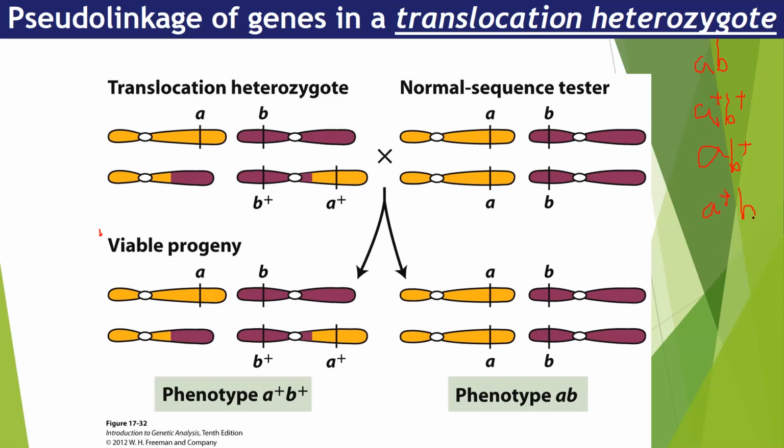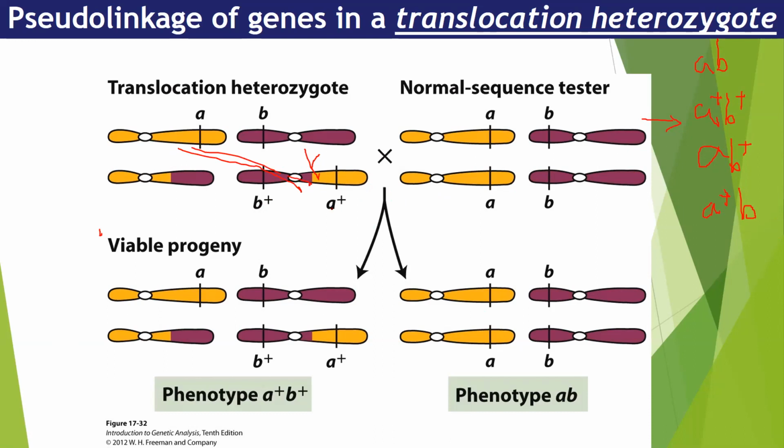Now, after the translocation, if everything can survive, that is, if we do not worry about balanced or unbalanced gametes, you still have four types from this test cross, because there could be a crossover between here or between here.